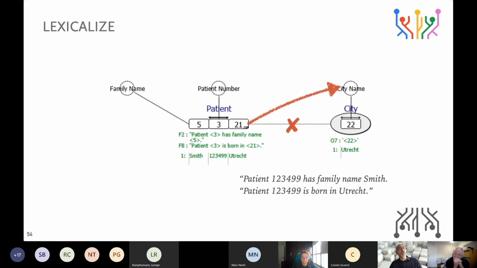Then the next step would be to lexicalize it. Imagine that if you have a database table, every column needs to have a type definition for its data type, which means that role 21 cannot go through something else first. It needs to end up with a data type, which is the city name. Therefore, we're drawing a line from 21 to city name, and we're cutting the line that runs to city. Just another step.